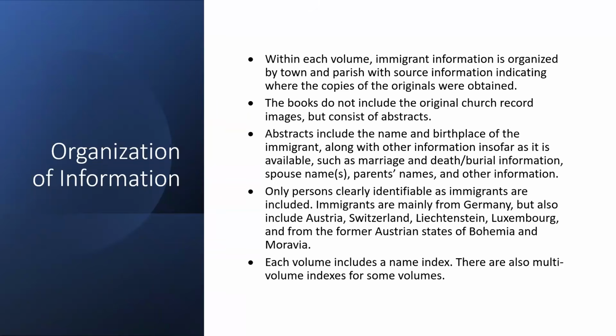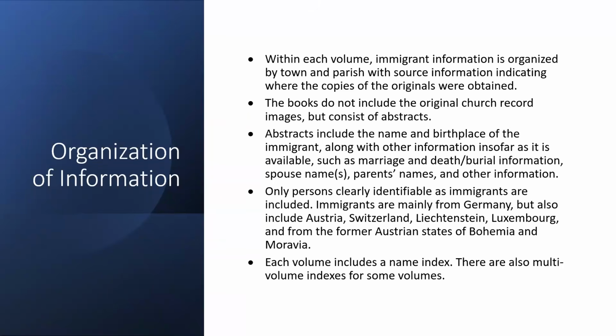The books don't include the actual church record images, but just abstracts of the information that was found on those original records. The abstracts include the name and birthplace of the immigrant, along with information insofar as it is available, such as marriage and death or burial information, spouses' names, parents' names, etc.